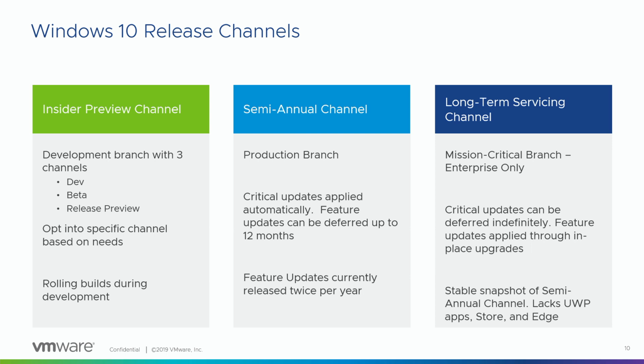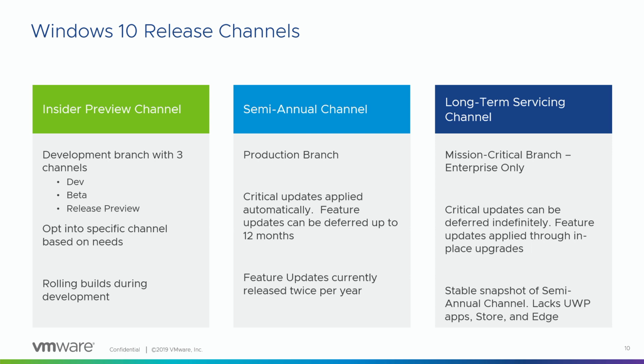Now, with this, these are essentially opt-in only, and you can choose to opt into the specific channel that you would want based on your needs. So depending on what you're doing in-house, you may have people who opt into the dev or the beta channel if they're doing software development and they want to test their apps to ensure compatibility going forward.